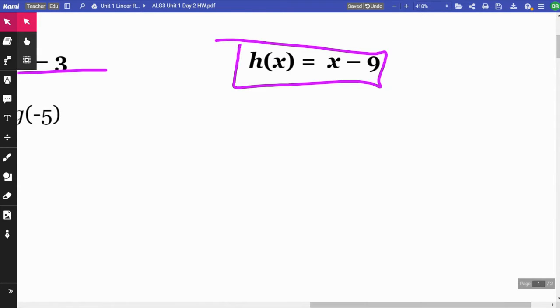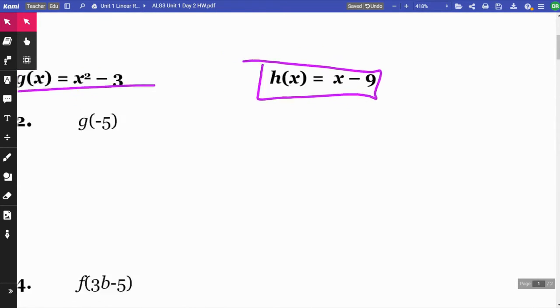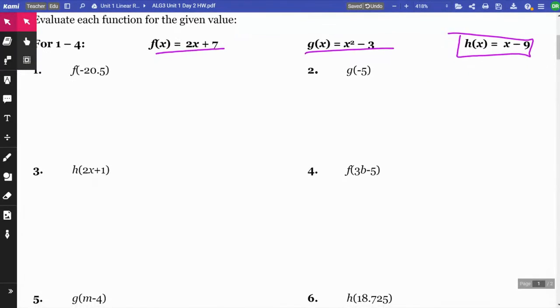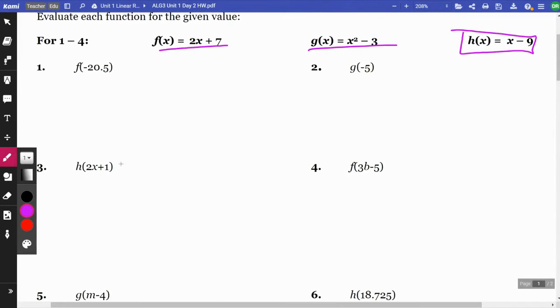Right now it's just x minus 9. So that would be equal to, and then we're just going to rewrite whatever the expression is for h of x, because that's the function we're talking about, h.